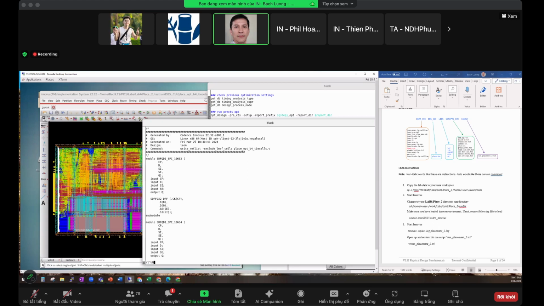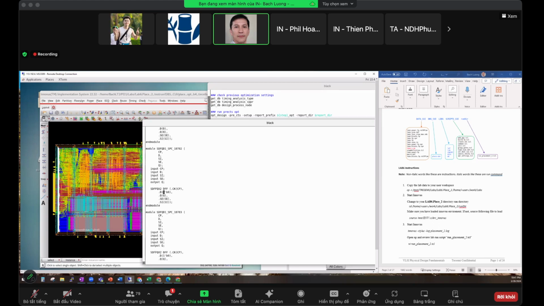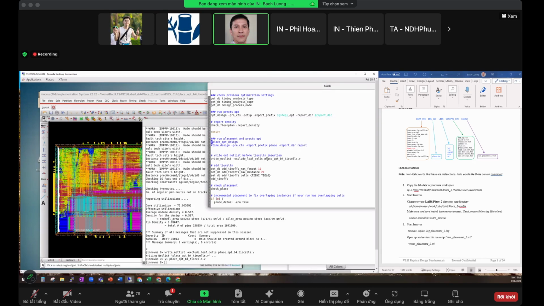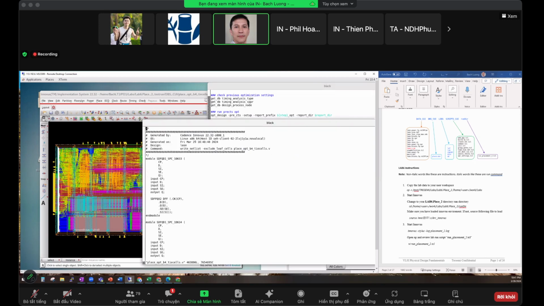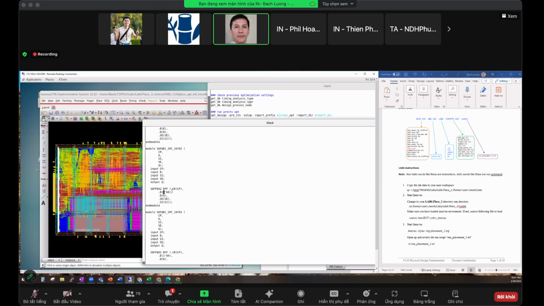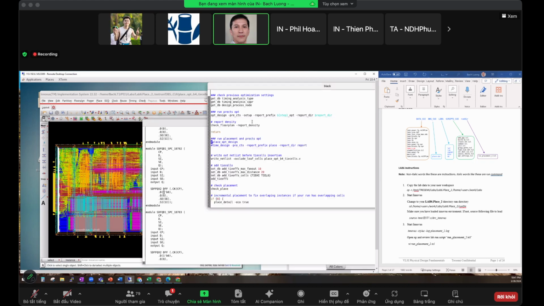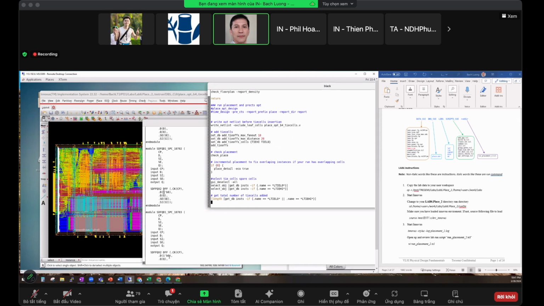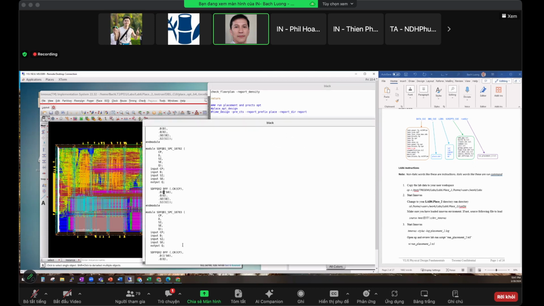Oh, this actually has not had tie cell insertion. I don't know why I put it in there. Oh, this is before. Okay, this is before, so it doesn't have any ties. So I have 1'b0. Later on, you'll see when you write out, we have now 1'b0 and 1'b1. Before tie cell insertion, it still has it. So we write it out, and we see that there are 1'b0 in the design still.